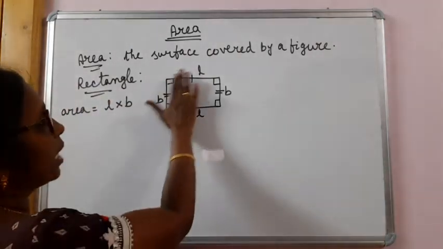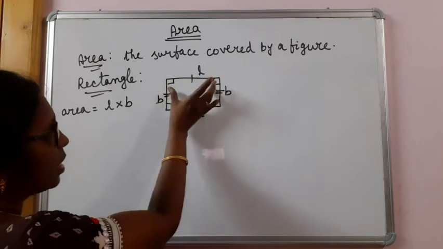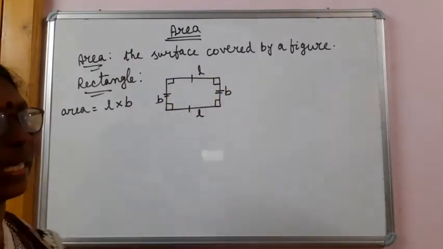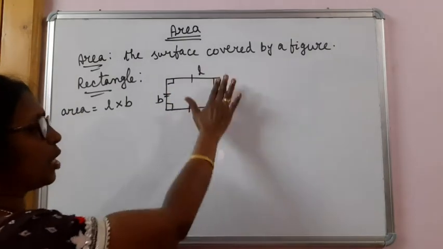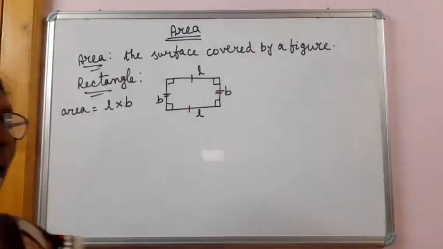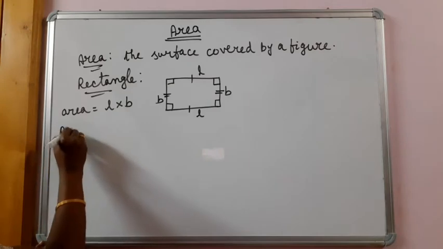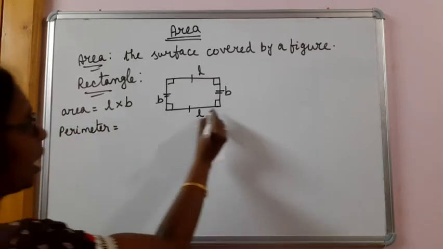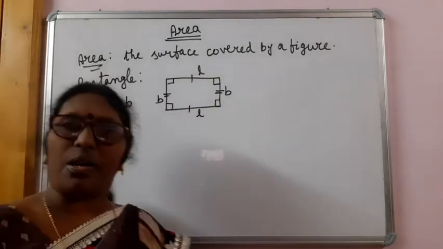That means the total surface, how much surface is covered by this rectangle. This inside portion is the area of the rectangle. Then what is perimeter? You know that perimeter means the total length of the boundary of the figure.